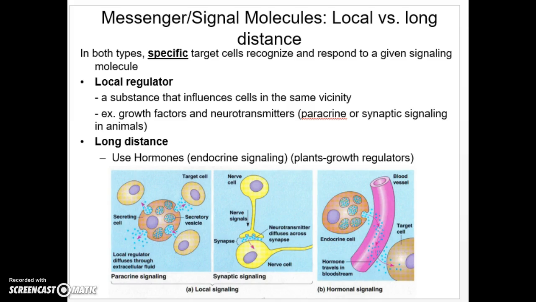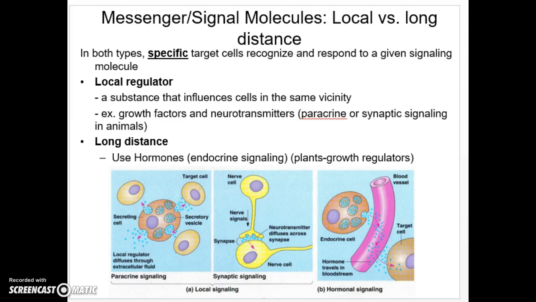A lot of times paracrine signaling is only going to happen if a number of cells simultaneously receive and then are able to respond to the signal. An example of this is again with growth factors. Growth factors will be released into an area, and then a number of cells will respond to those growth factors.